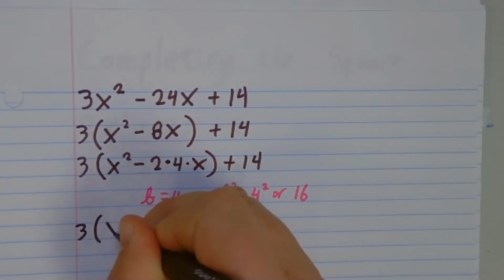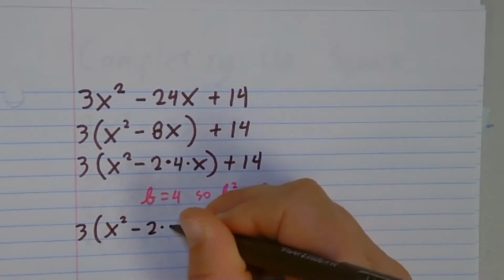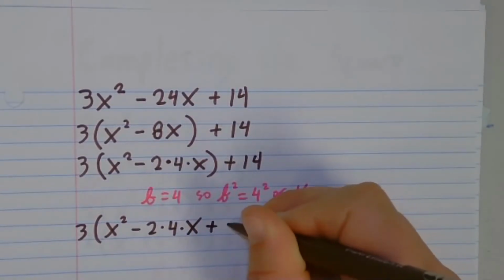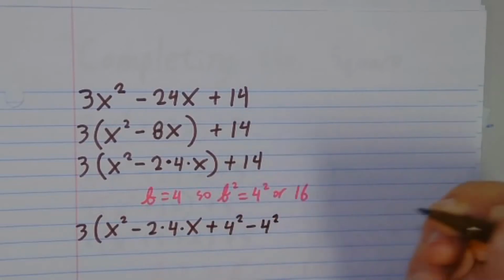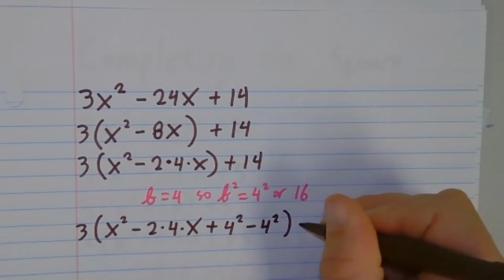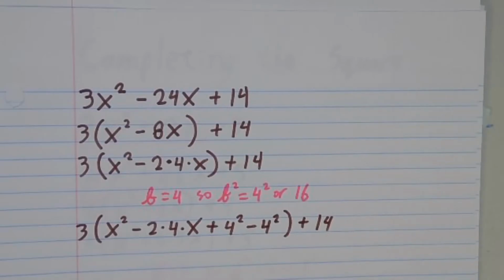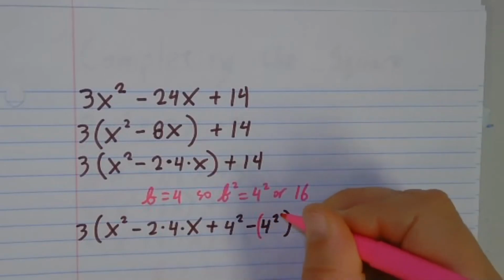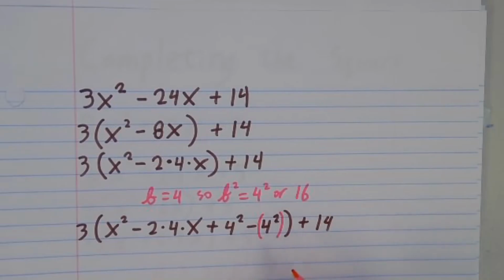So I do the same trick as before, where I can't just include 4 squared because I want to, but I can make a 0 pair here and include it that way. And I'm again going to put an extra set of parentheses around this to remind myself that I need to take away 4 squared rather than square negative 4.